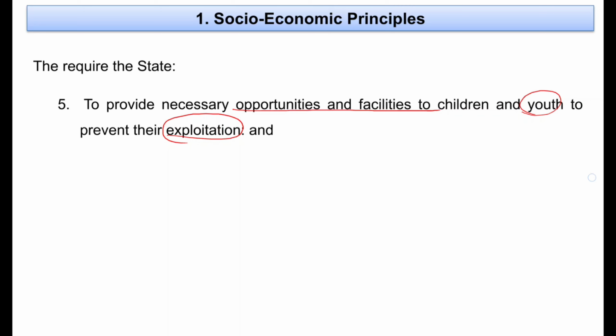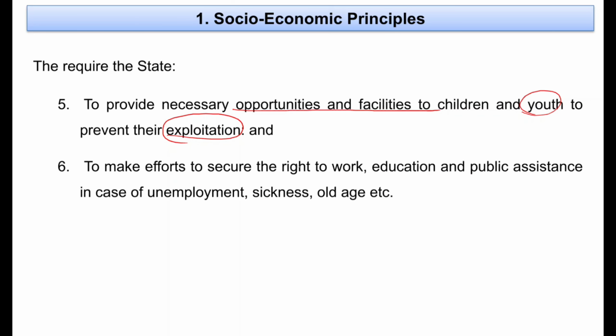And to make efforts to secure the right to work, means there should be law in order to secure the right to work, education, public assistance in case of unemployment, sickness and old age. Suppose a worker is sick and he is not able to come to work for around 1 month or 15 days, you should not discourage them, and you should not throw them out of the work.